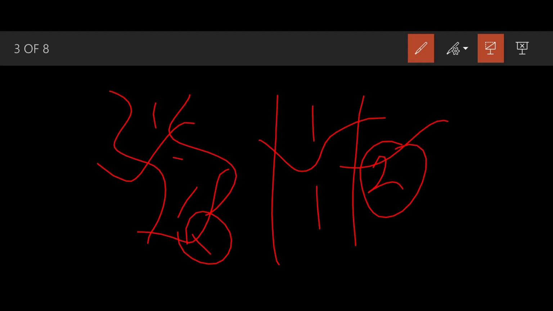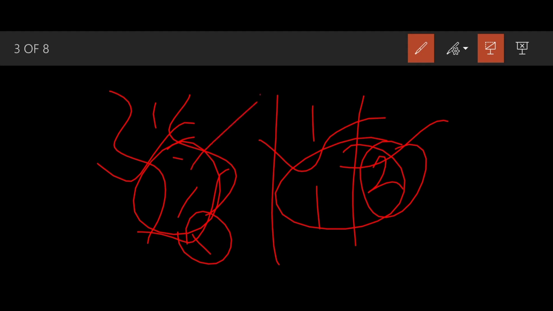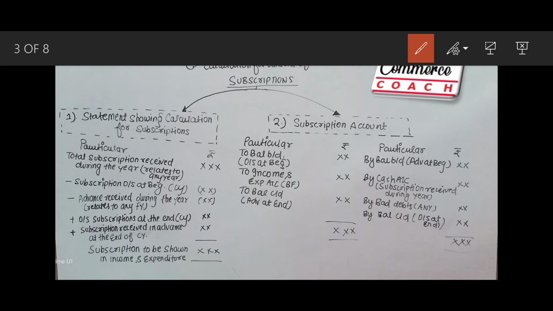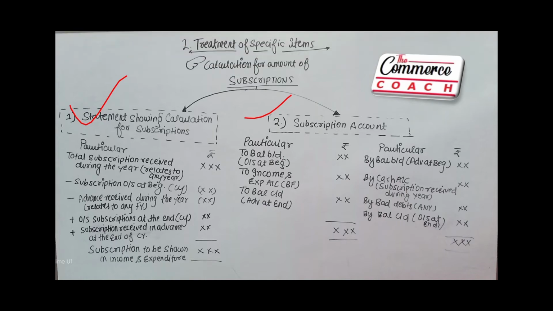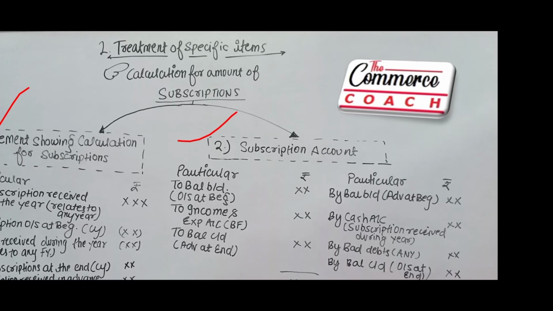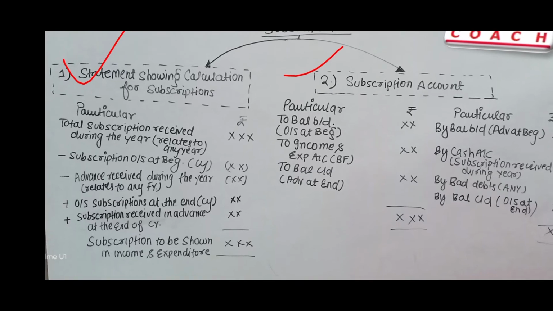It might be possible that in your study material the questions are solved by either this or this, but you must know both. So let's go. This is the very first method, statement showing calculation for subscriptions, and this is the second method. So we will go first with the first method.